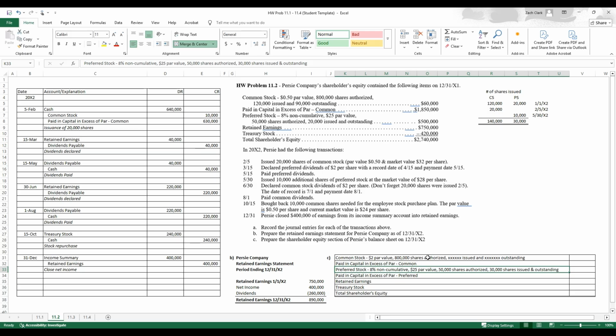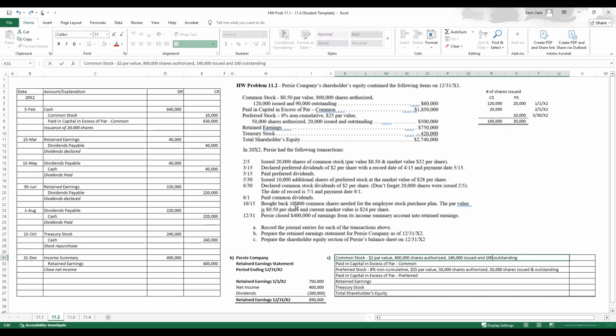As far as the common stock goes, again, we have 140,000 issued now. And the amount outstanding is, because we did buy back, we started with 90,000 outstanding, but then we bought back 10,000 shares.